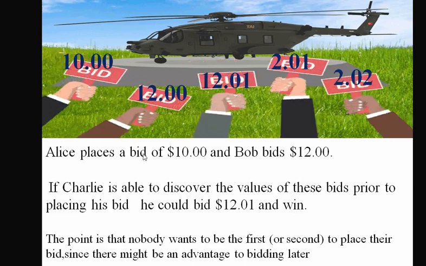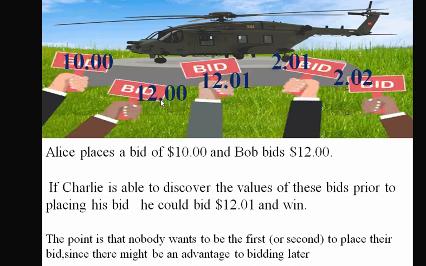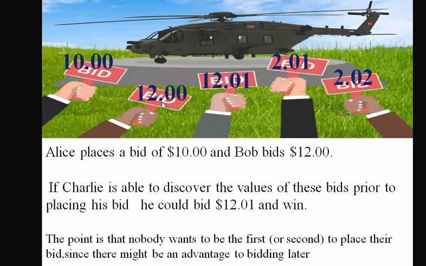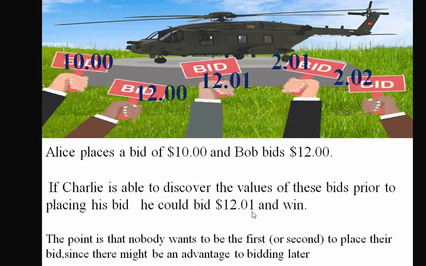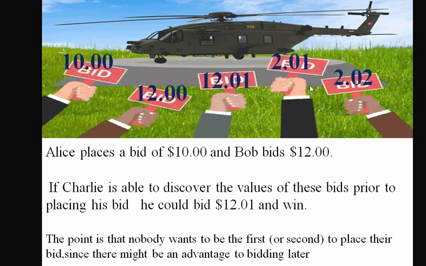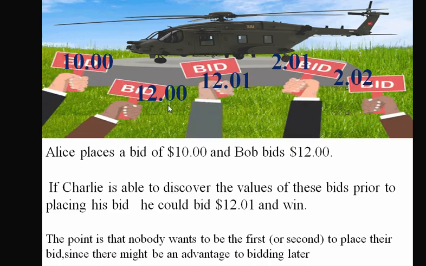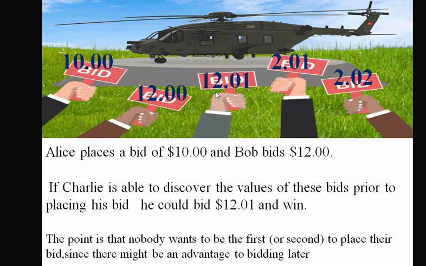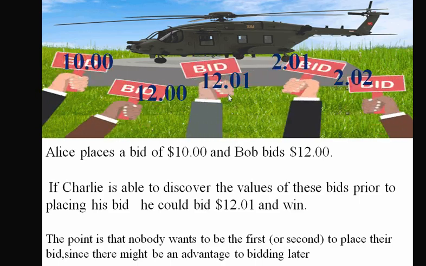Here Alice bids $10 and Bob bids $12, and if Charlie is able to discover the values of these bids prior to placing his bid, he could bid 12.01, isn't it? And the other two persons are bidding 2.01 and 2.02. The most appropriate value is what here? 12. If the third person, Charlie, bids 12.01, it means it's the highest bid, isn't it? So obviously Charlie will win this bid.